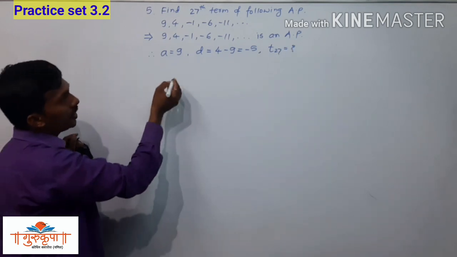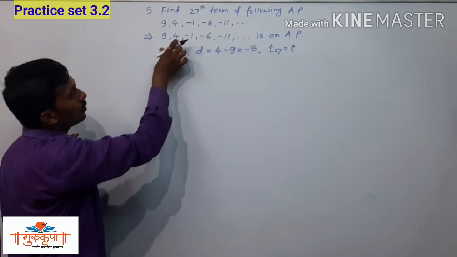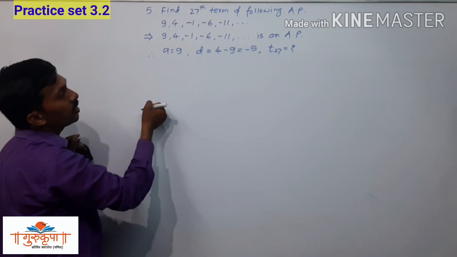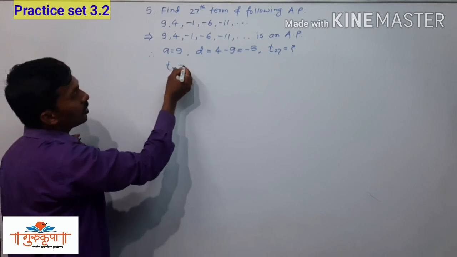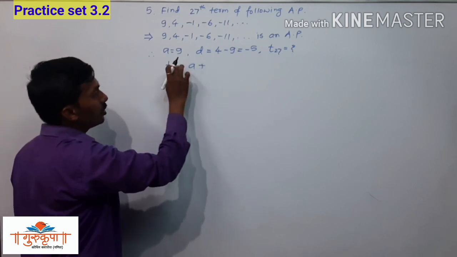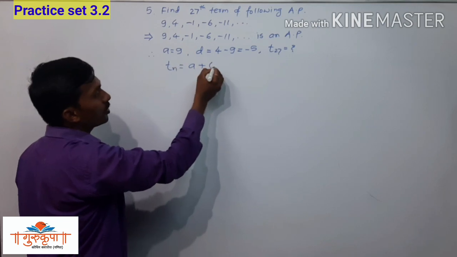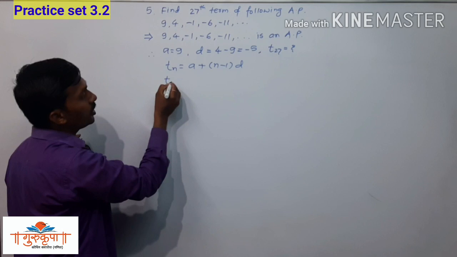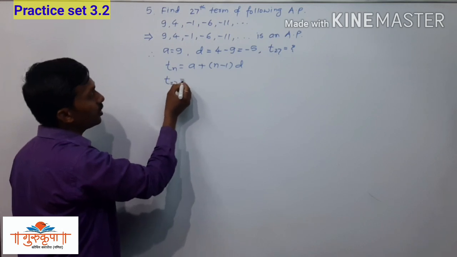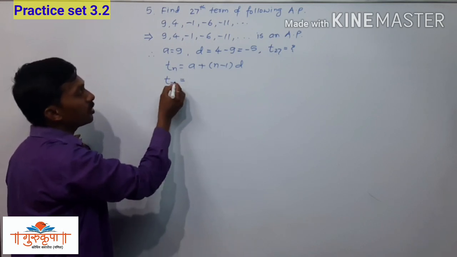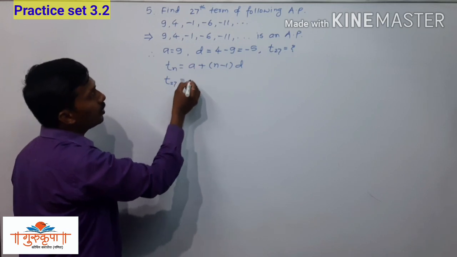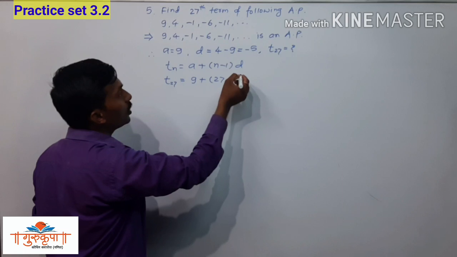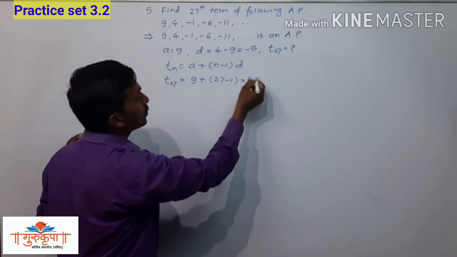Now we will write the formula for finding the general term: Tn is equal to A plus (n minus 1) into D. Put the values. This is T27. Since we have to find the 27th term, in place of n we have to put 27. The value of A is 9, plus 27 minus 1, into the value of D, which is -5.